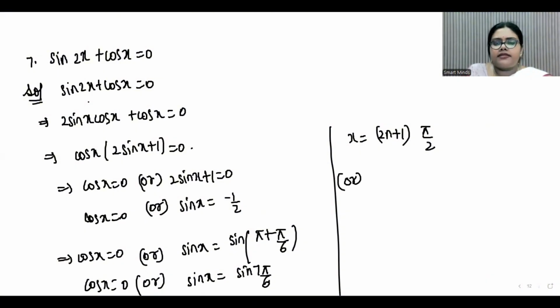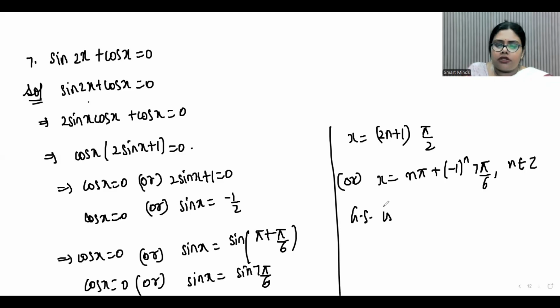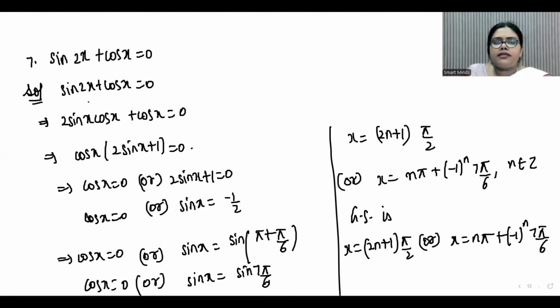And if sin x is equal to sin 7 pi by 6, then the general solution is x is equal to n pi plus (minus 1) whole power n into 7 pi by 6, where n belongs to Z. So the general solution is x is equal to (2n plus 1) into pi by 2 or x is equal to n pi plus (minus 1) whole power n into 7 pi by 6.